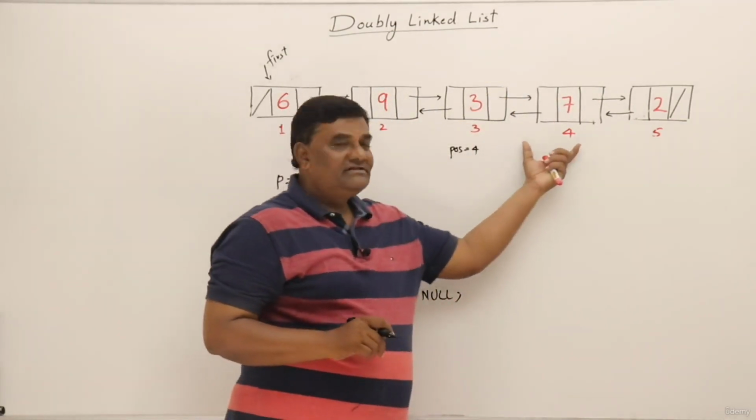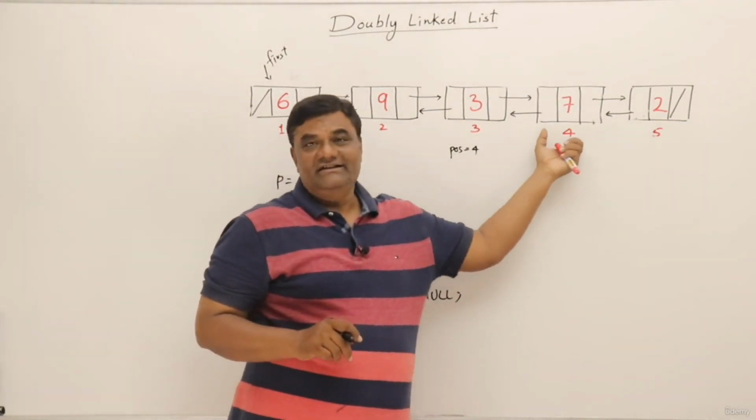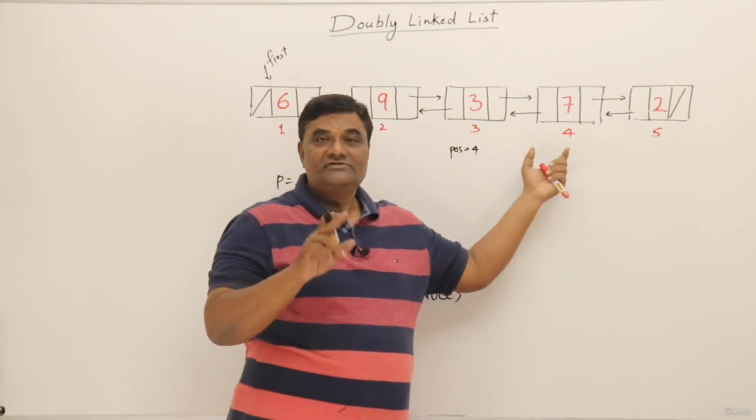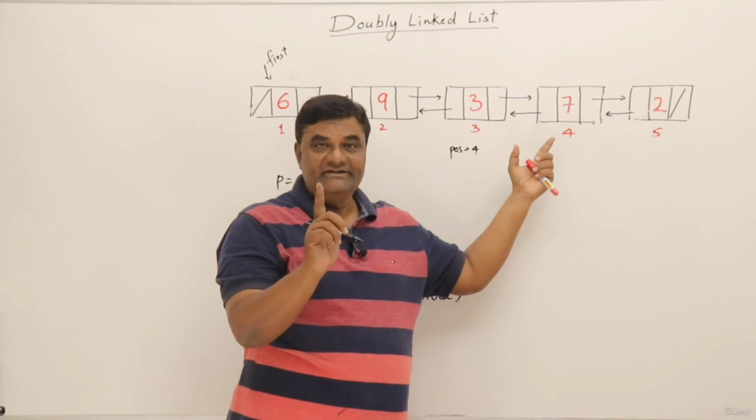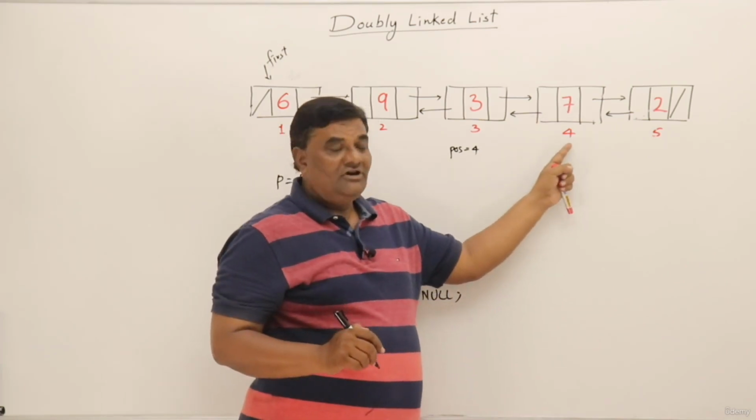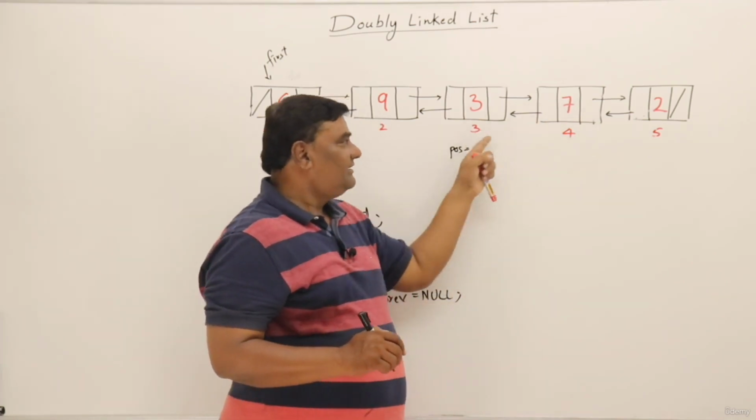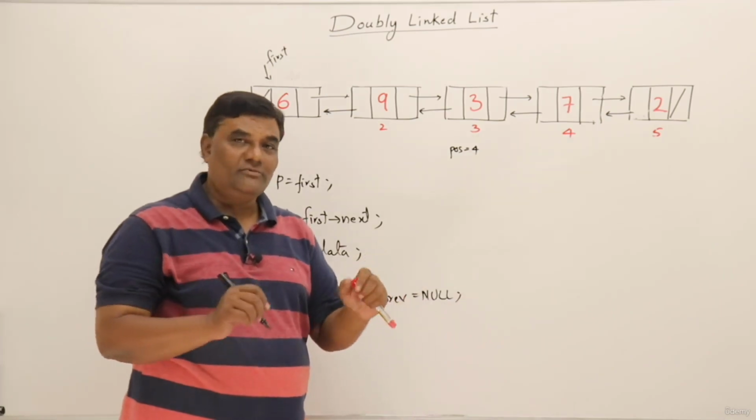Then this node is not reachable. You can delete the node. So for this, I have to modify two nodes and delete one node: delete the fourth node, modify the fifth node and the third node.